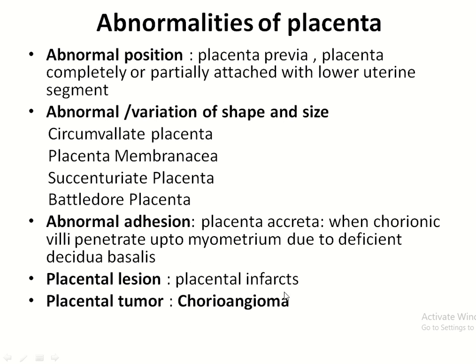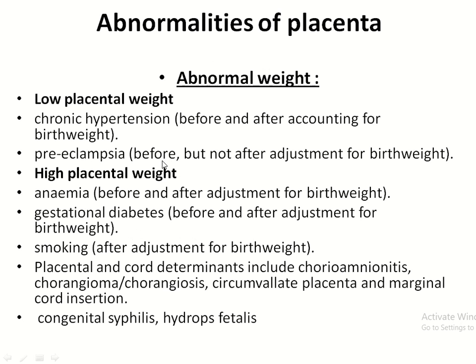Placental lesions: placental infarct, and placental tumor, chorioangioma. The weight of the placenta is low in some clinical conditions, for example chronic hypertension and preeclampsia, and the weight increases in some clinical conditions such as anemia, gestational diabetes, smoking, etc.